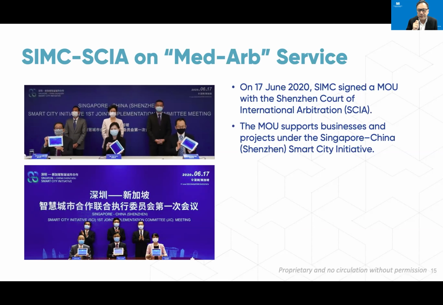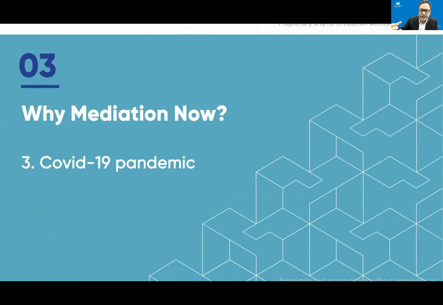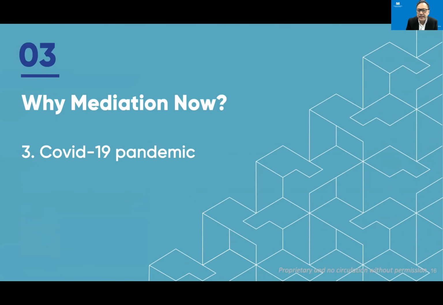This means that if you have a mediated agreement, let's say you have an IP dispute, it's just mediated between the two parties with SIMC, this agreement is enforceable in China through the SCCIC. So in Singapore, enforcement is not an issue. In China, through the SCCIC, it's not an issue as well. So this is quite groundbreaking.